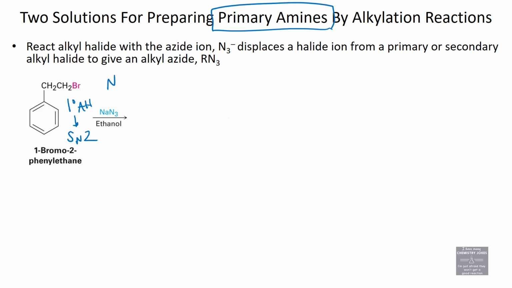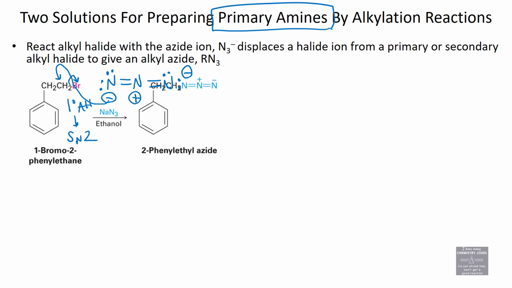So N3, that's sodium azide. The Lewis structure for azide is weird, but this is it. N3, SN2. We're going to do a substitution. I'm attacking that carbon. I'm kicking out my Br. I get this product.